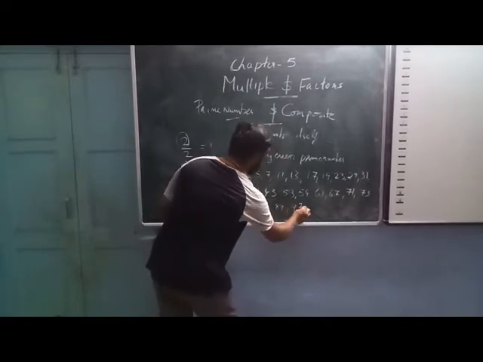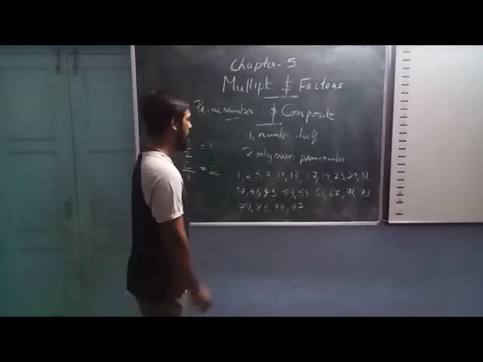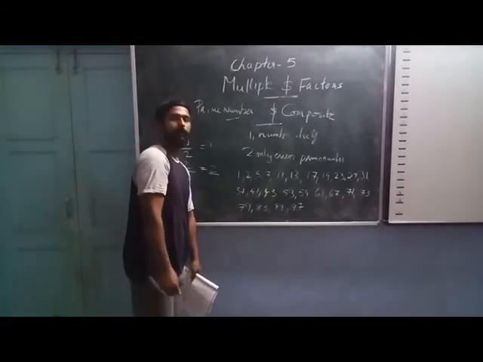So there are 25 prime numbers present between 1 and 100.